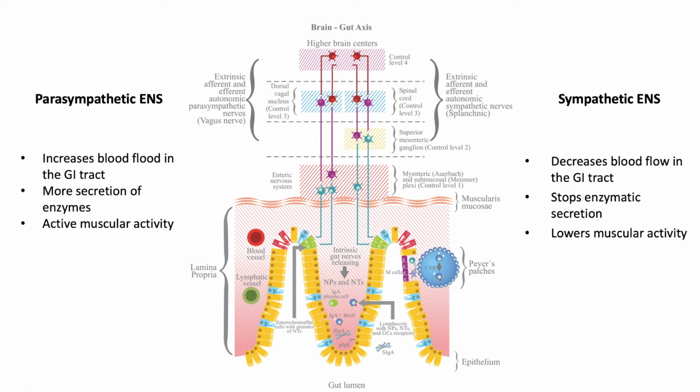As we compare the sympathetic and the parasympathetic enteric nervous system, we can see that the parasympathetic stimulation of the ENS leads to increased blood flow, secretion, and muscular activity. And this basically stimulates digestion. But in contrast, the sympathetic acts in the opposite way.